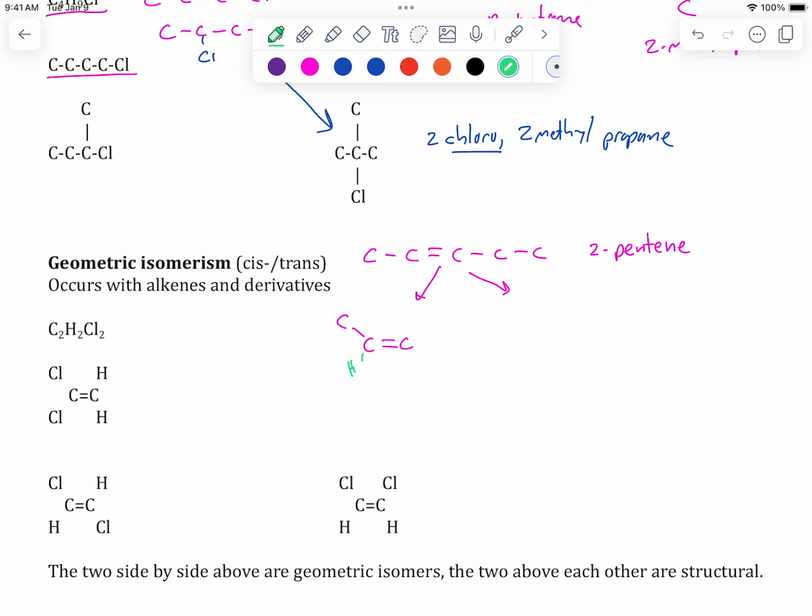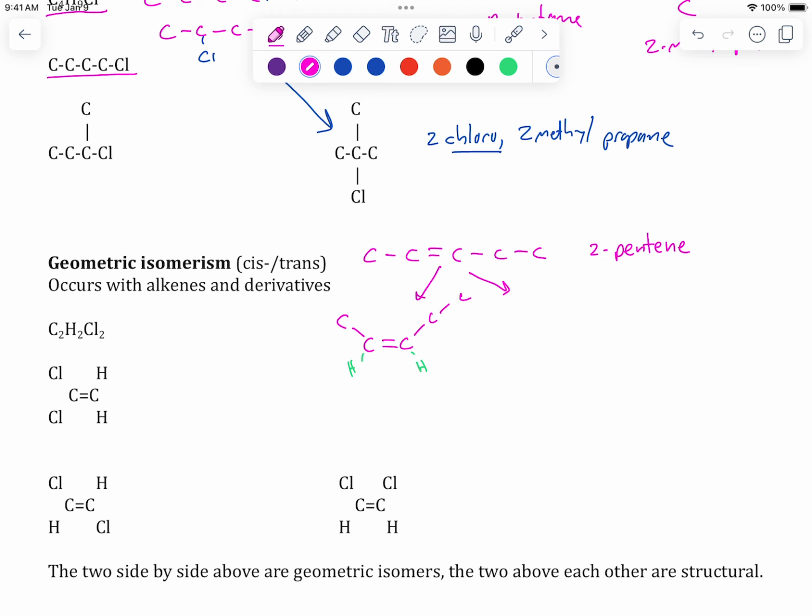We just assume they're everywhere. But if we did draw in hydrogens, then it might become apparent that this is a possible structure for 2-pentene. Does that picture make sense? Okay. The double bonded carbon is sp2 hybridized, which means it has to take on that trigonal planar geometry, roughly 120 degrees.